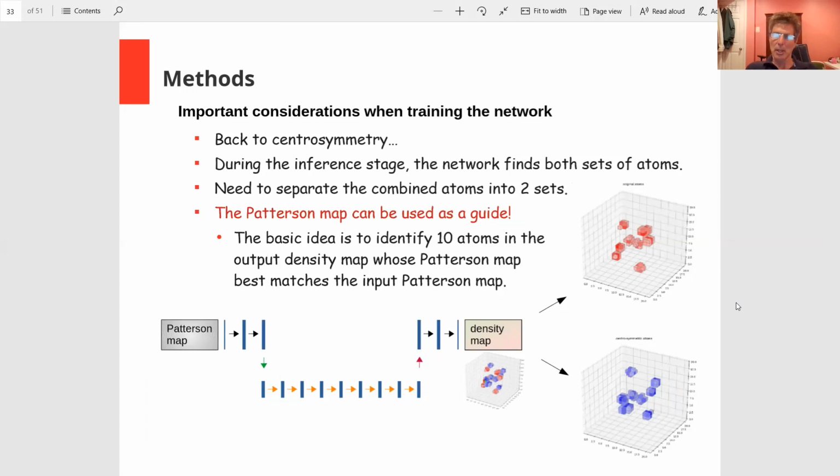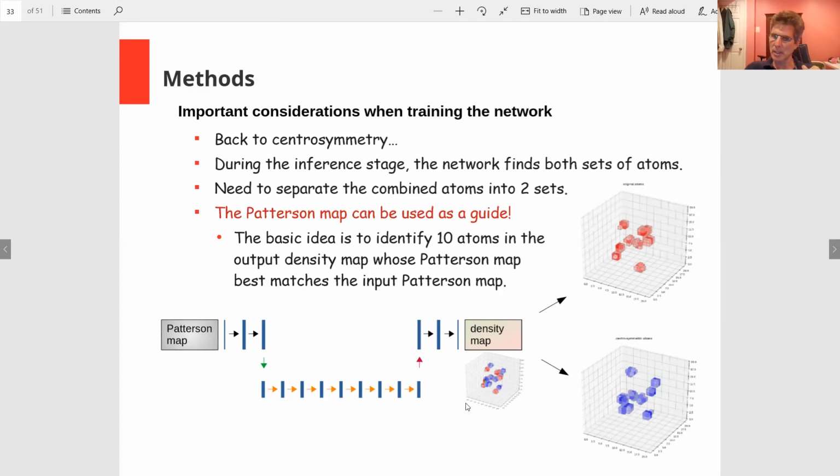The Patterson map can be used as a guide for separating these atoms into two sets. The basic idea is that you're trying to identify 10 atoms in here whose Patterson map matches the Patterson map that's on the neural network input.